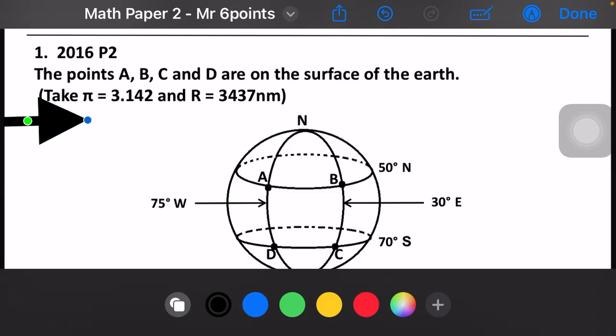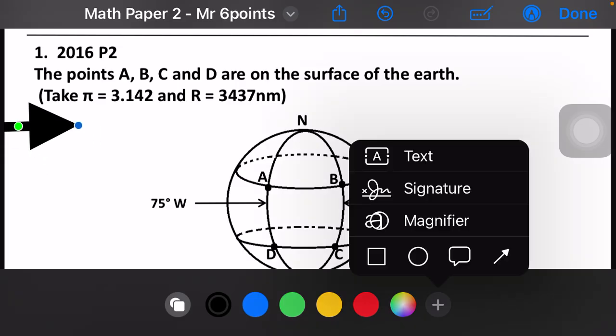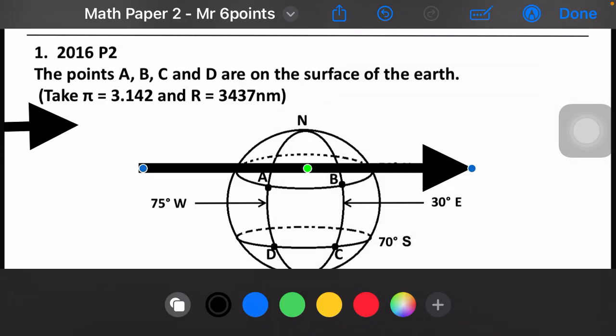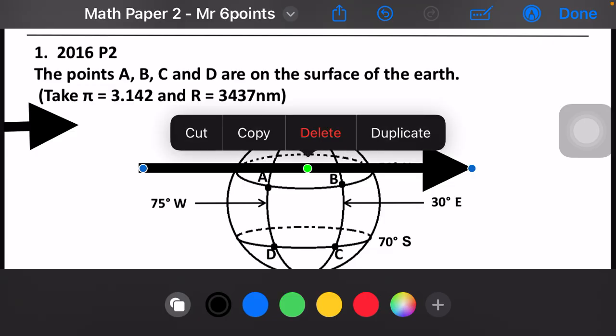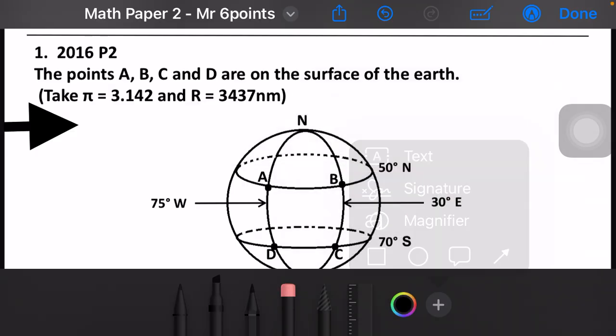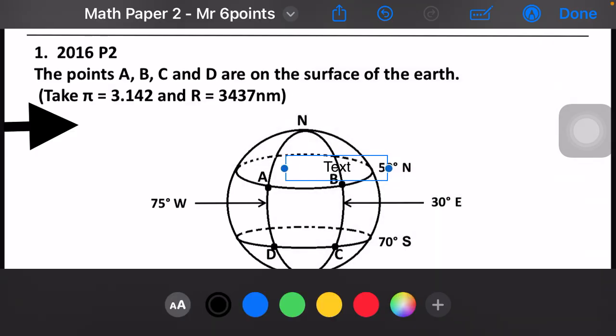So the formula you need to know to find the coordinates of any point on such a diagram, or on the earth, is this.